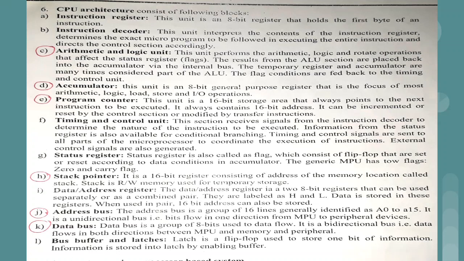So these 2 important 8-bit registers are used as a pair whenever we want to store 16-bit data, and we can also use them individually to store data. That means we can use these registers to store data, as well as use these 2 registers as a pair to store an address.